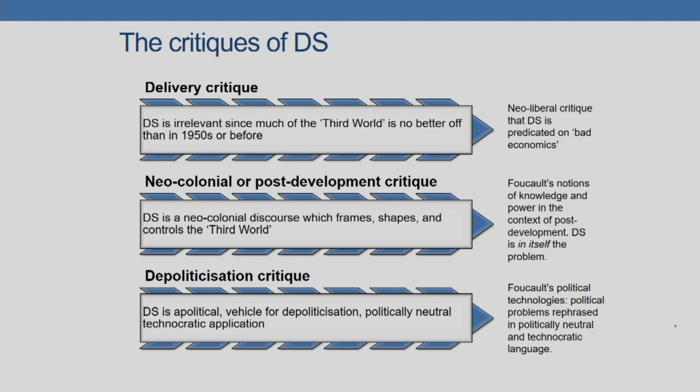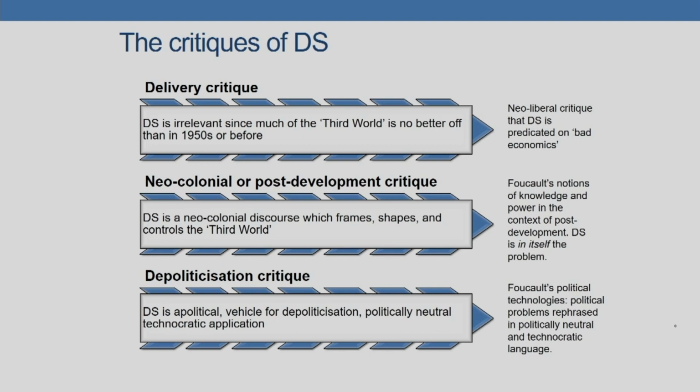This critique posited development studies as an imperialist discourse which sought to impose a Western view of development as modernity on the third world. And this is a position which has been sustained by various writers such as Escobar, Gustavo Esteva, Wolfgang Sachs, among many others. And they also say that development studies is in itself the problem.